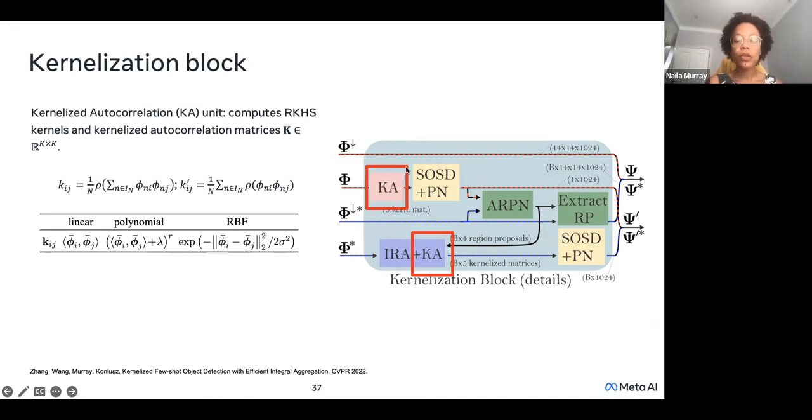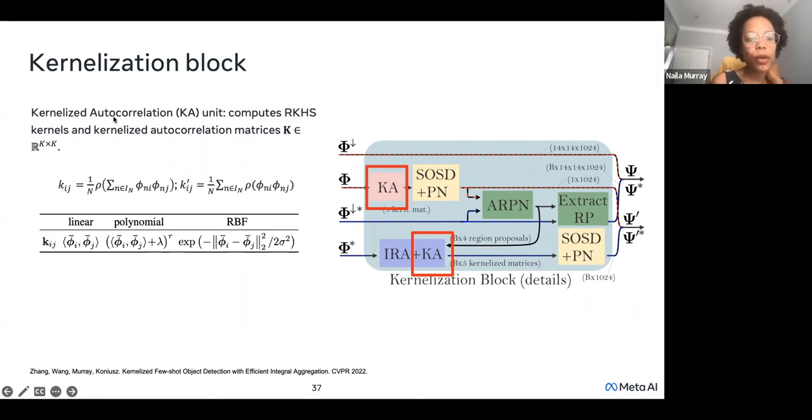This is a unit that's going to be computing kernelized representations. And you see they show up in 2 different places. They show up at the point before we compute region proposals, and then also at the point where we normalize them and pass them on directly to the next block.